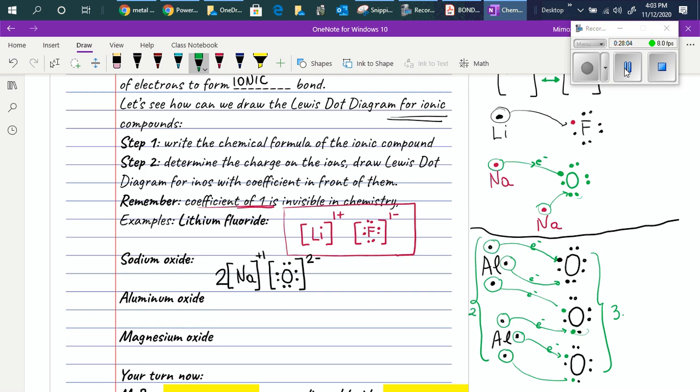So when we write the ionic Lewis dot diagram for this ionic compound, we will write something like this.